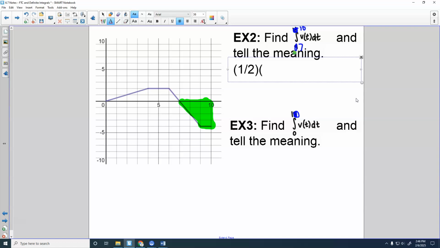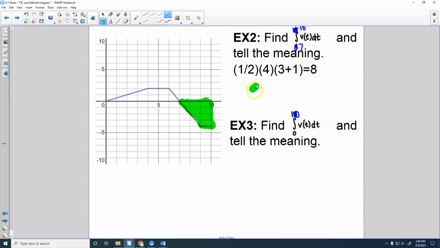And what's the height of that one? 4. And then the bases are 3 and 1. And so we get 8 for the area, but what is the answer for the integral? It would be -8.